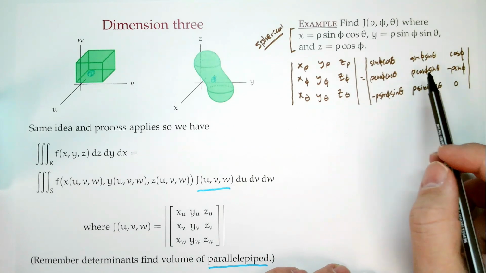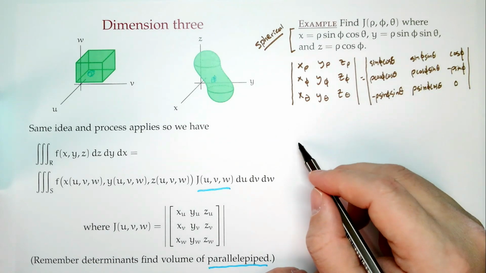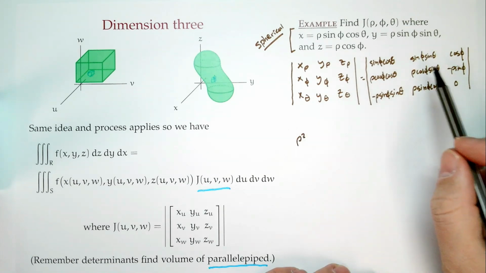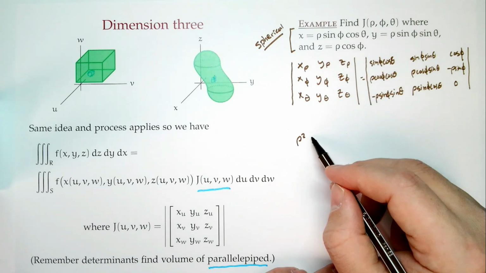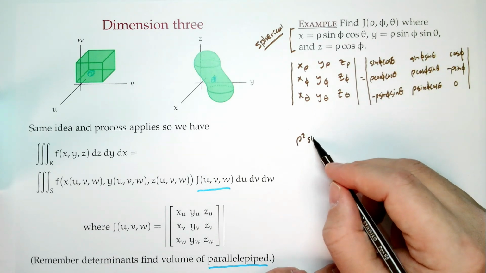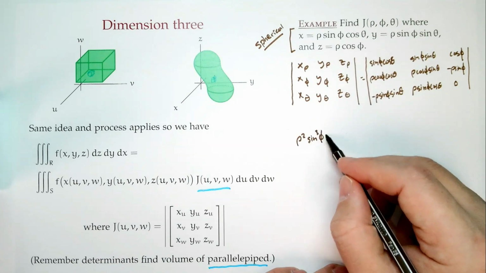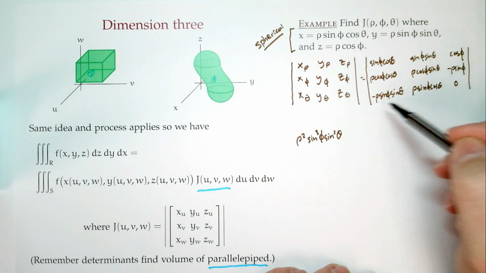What does that turn out to be? Well, if we look, there's a minus rho, that makes it a rho squared. There are 2 sine thetas, and there are 1, 2, 3 sine phi. So, all right, this is sine cubed phi sine squared theta.